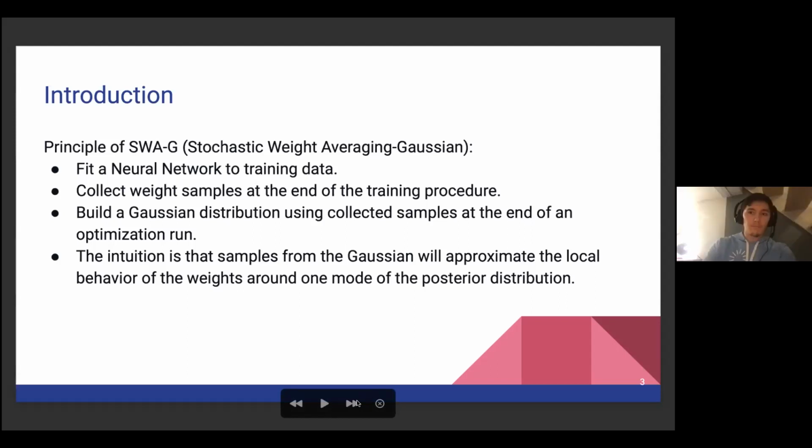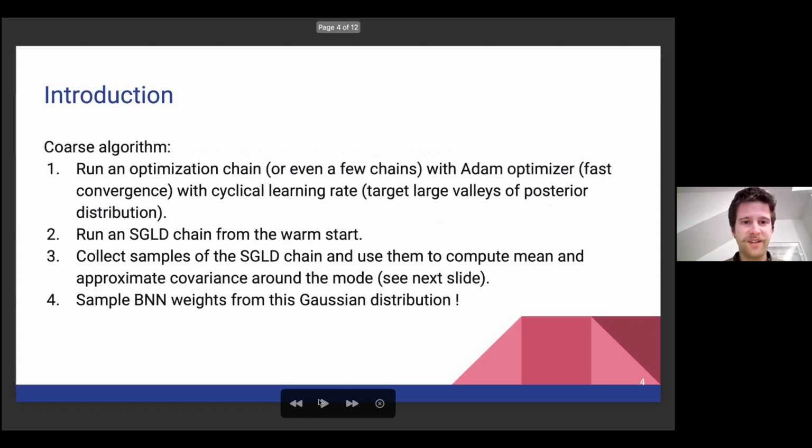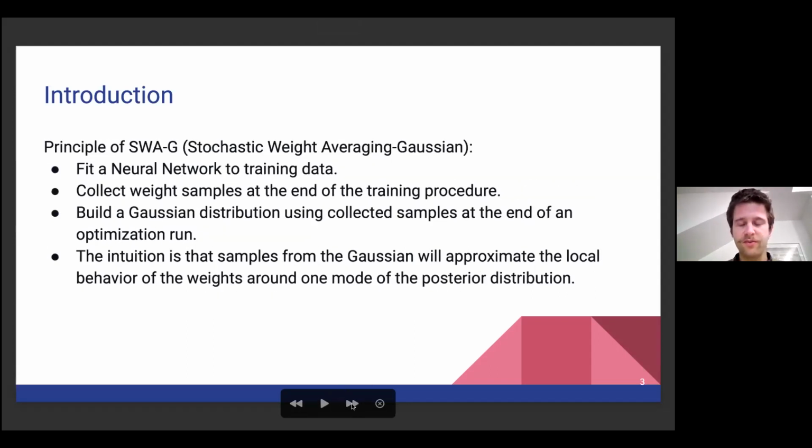To collect the mean and the variance, the mean is quite easy to collect, but the covariance is more difficult, and we'll present that in a moment.